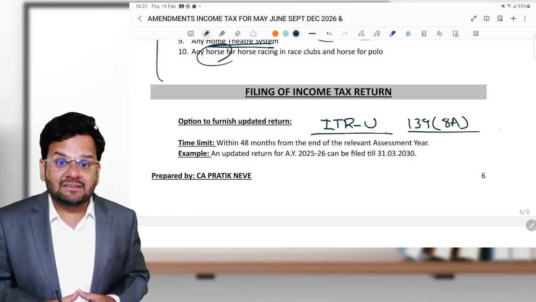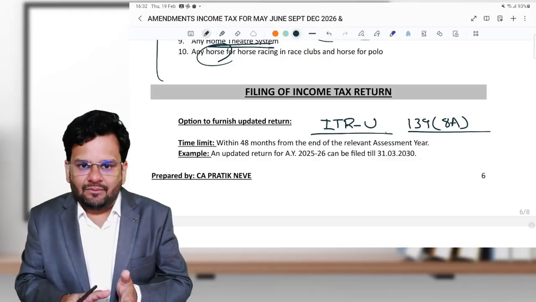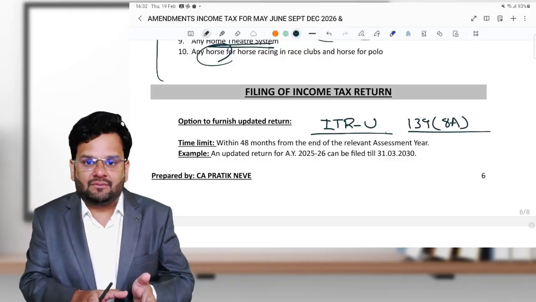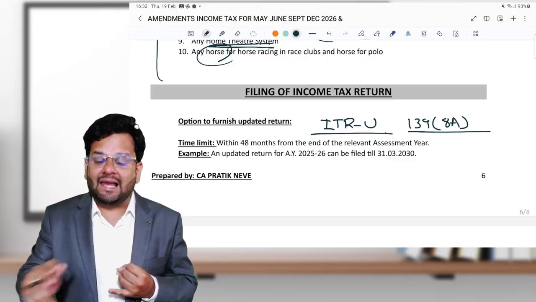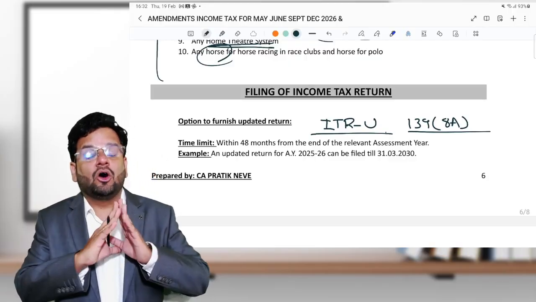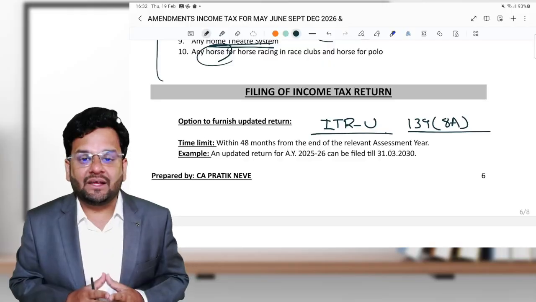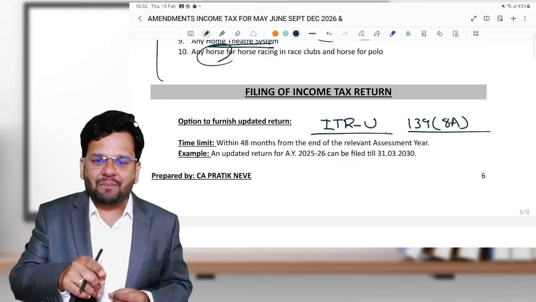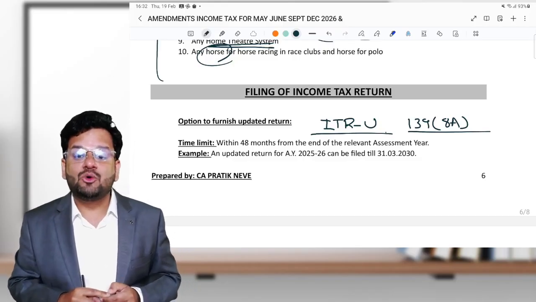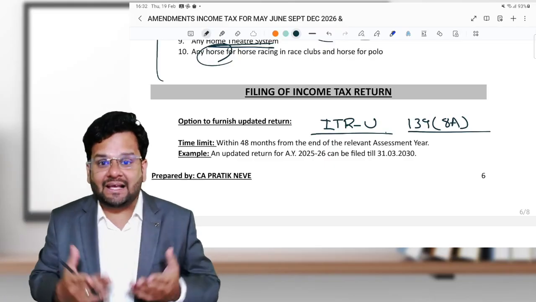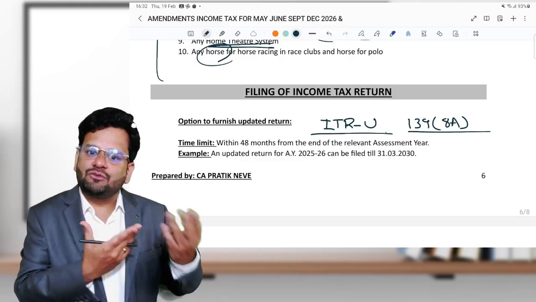What is this ITRU? If the due date of filing return is over, and also the last date of filing belated return or revised return is also over, so you have missed the chance to file the return, but it so happens that your tax liability is more, means you have declared tax liability of 10 lakhs, but now you realize your tax liability was not 10 lakhs, it was actually 15 lakhs.